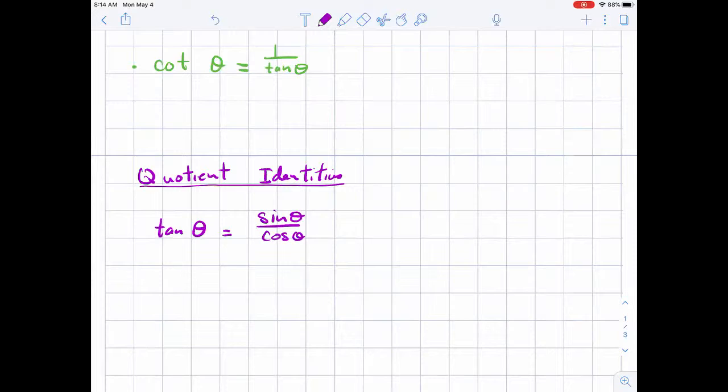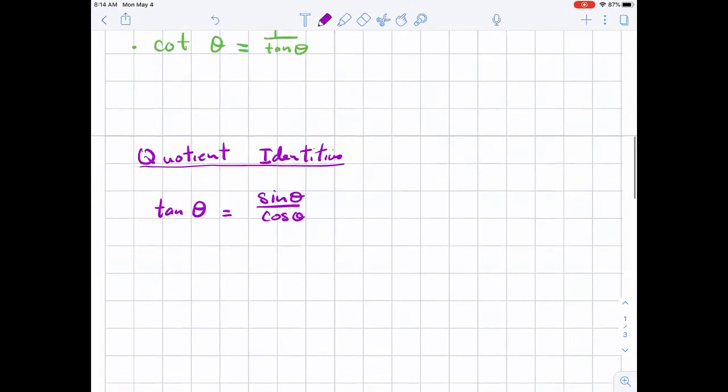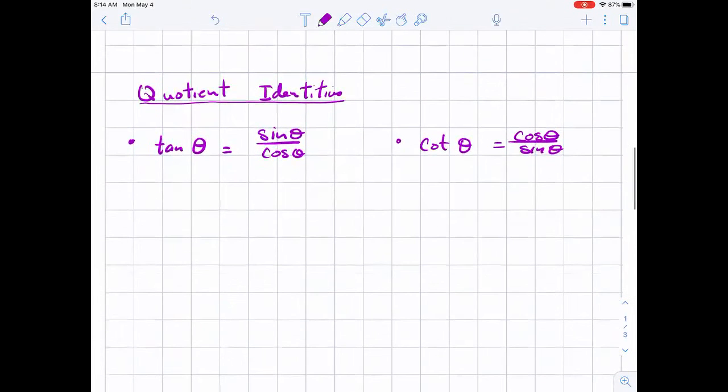We had said before that tangent is y over x. And remember, sine takes the y value, right? And then from this, here's another one you'll have to know. Cotangent of theta is the inverse of that. So that's cosine of theta over sine of theta.